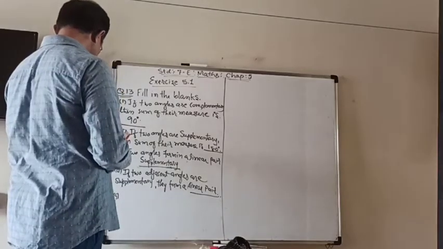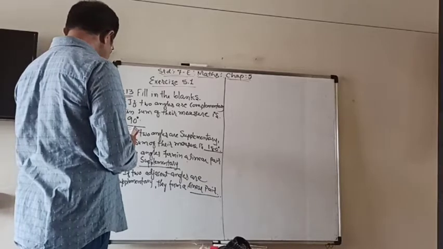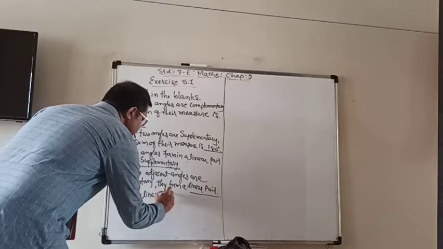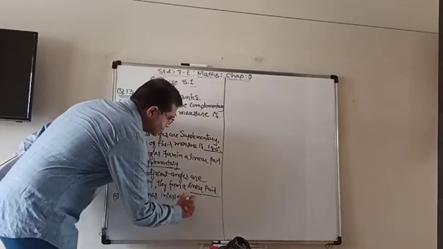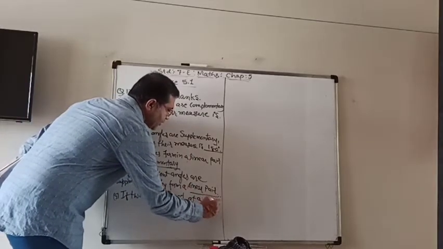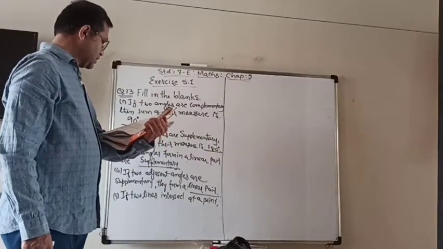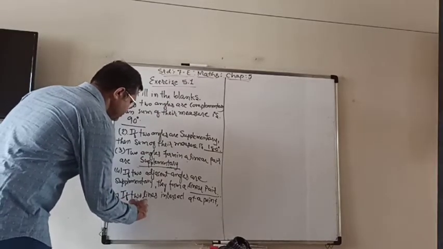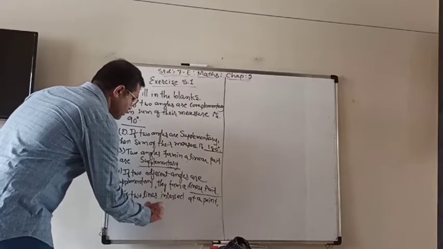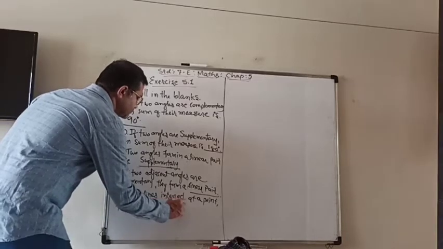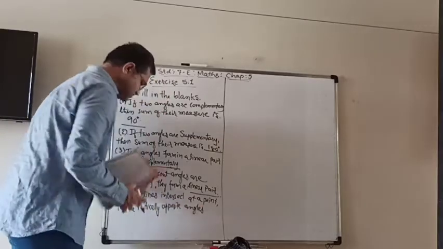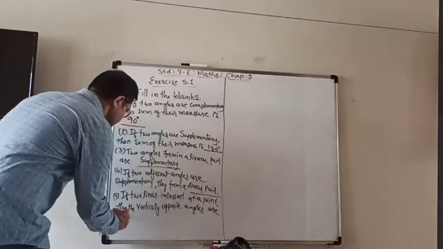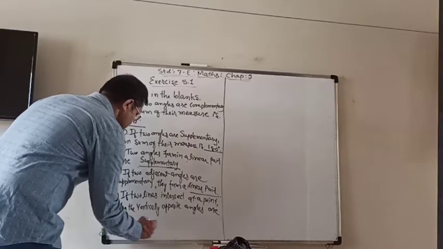Number 5. If two lines intersect at a point, then the vertically opposite angles are always blank.